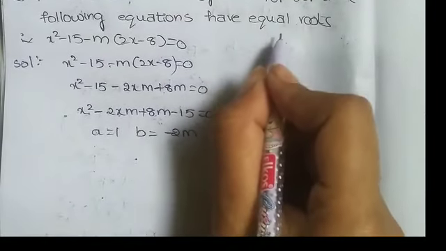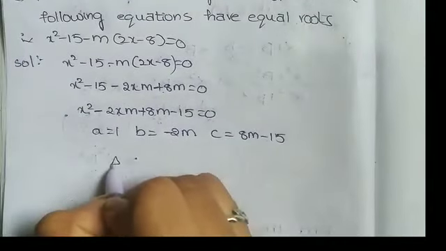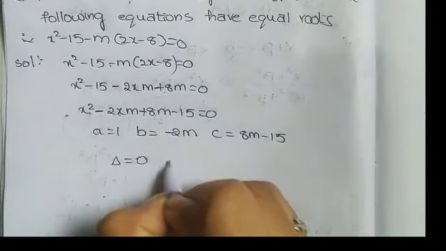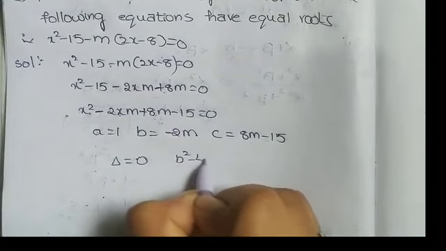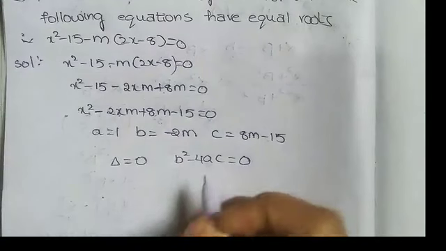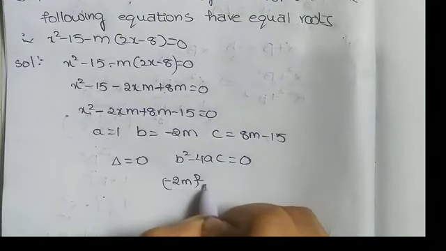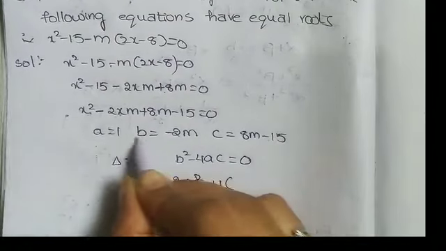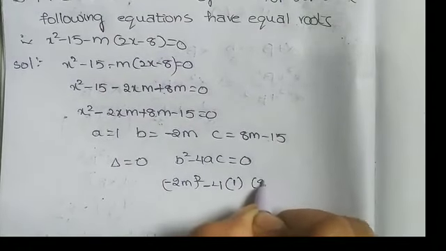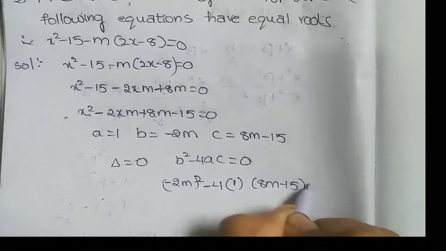Now they given that they have the equal roots. That means delta is equal to 0. So b square minus 4ac is equal to 0. Minus 2m whole square minus 4 into a is 1 into c is 8m minus 15, that is equal to 0.